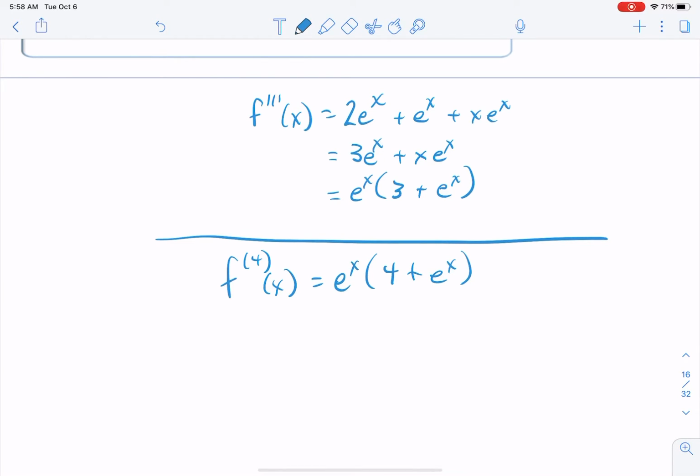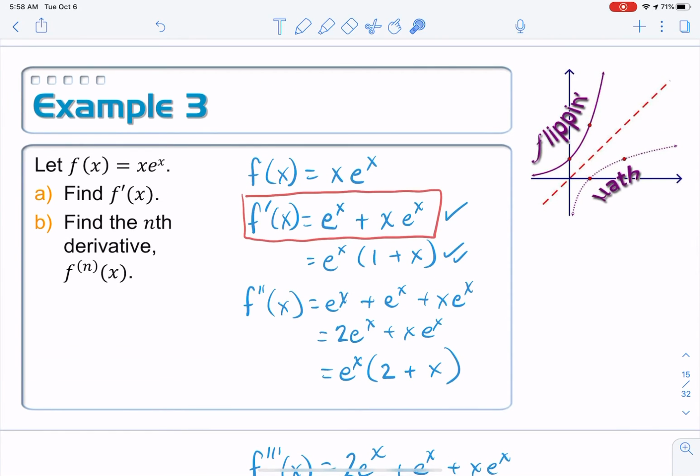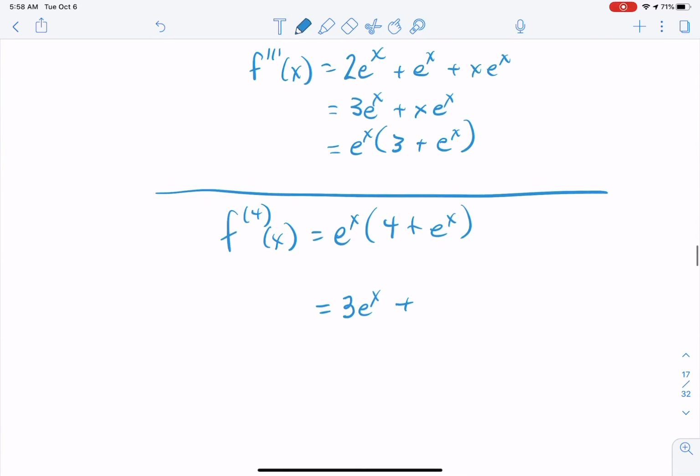So this is the question mark. And we will go back up to this level and take its derivative. So let's see. The derivative of 3e to the x is indeed 3e to the x plus, and the derivative of x e to the x is the same thing that I had right up here, e to the x plus x e to the x.